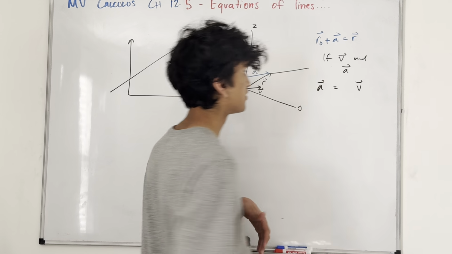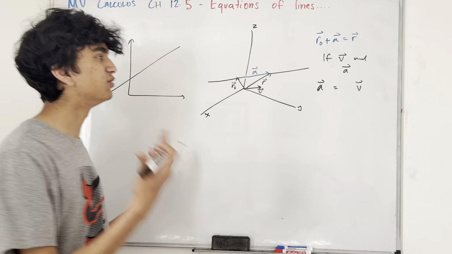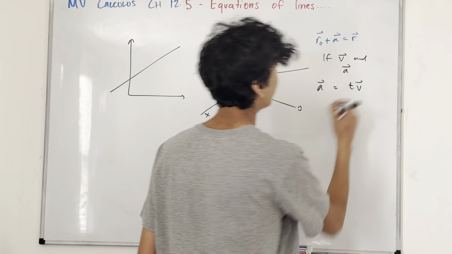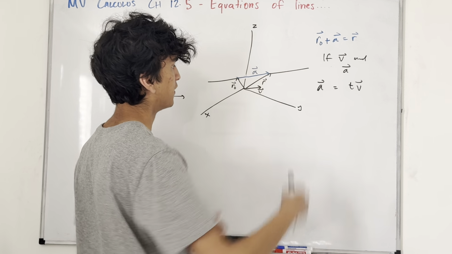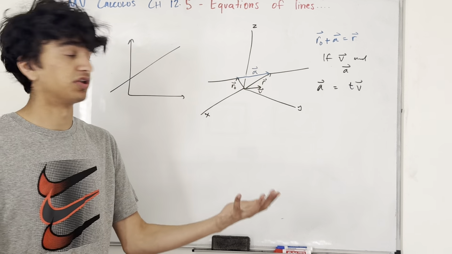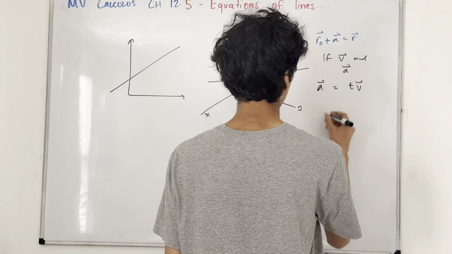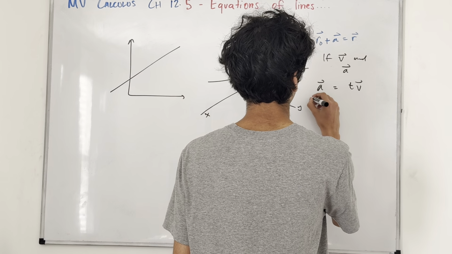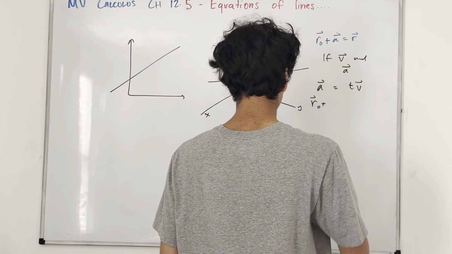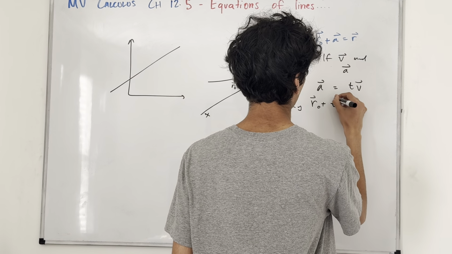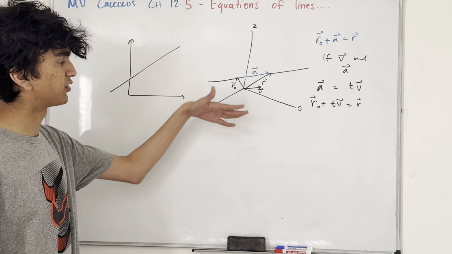I can call this scalar whatever I want, but for parametrics we use t. As t gets bigger, A gets bigger proportionally. So a is proportional to t, and I get my equation: r equals r initial plus t times v, where r is any position vector along this line.